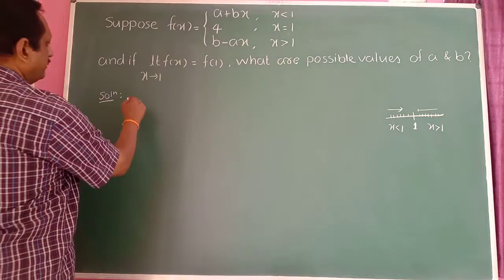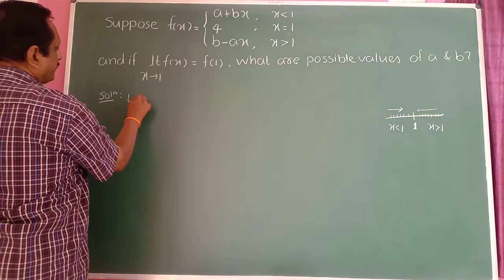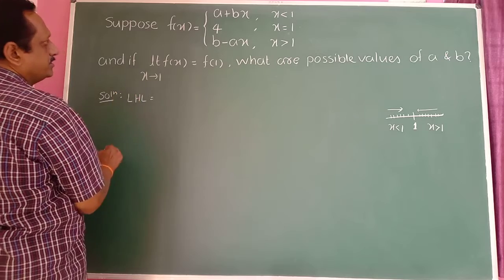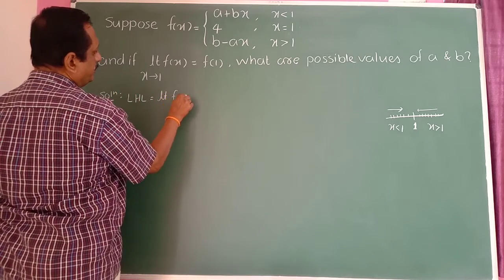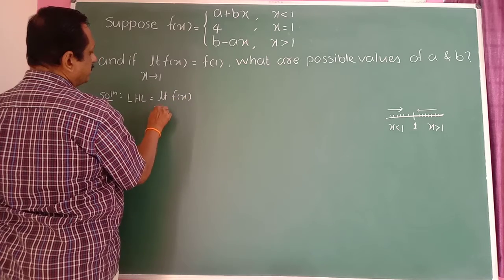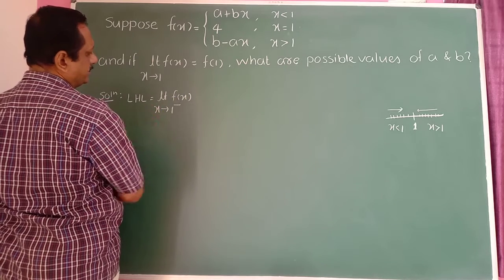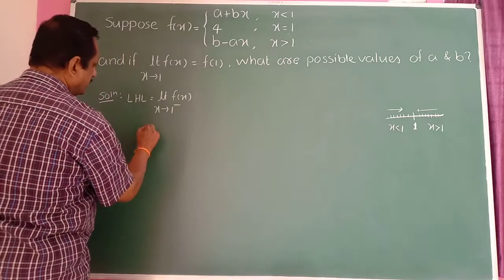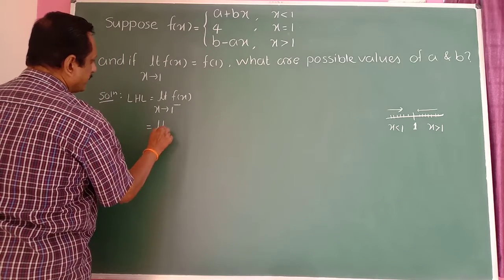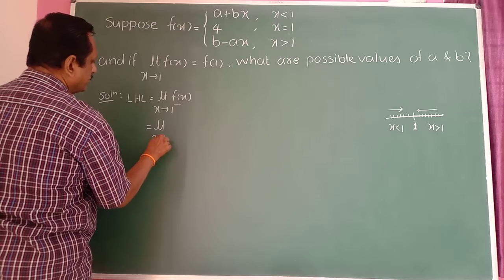Therefore, take your LHL here. LHL is equal to limit of f of x as x tending to 1 minus. Minus indicates you are taking values from the left hand side here. Therefore, limit of x tending to 1 minus.